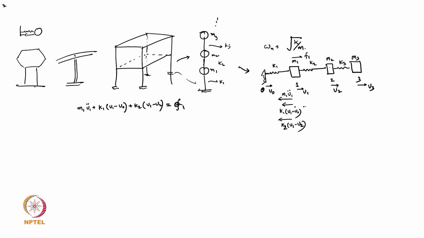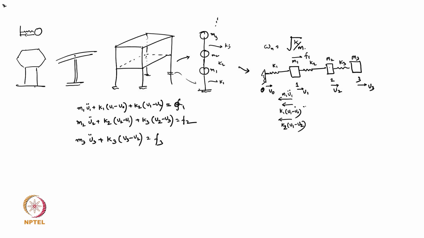No. In the second case also, we can easily write M2 U2 double dot plus K2 into U2 minus U1 plus K3 into U2 minus U3 equal to F2, and M3 U3 double dot plus K3 into U3 minus U2 equal to F3.